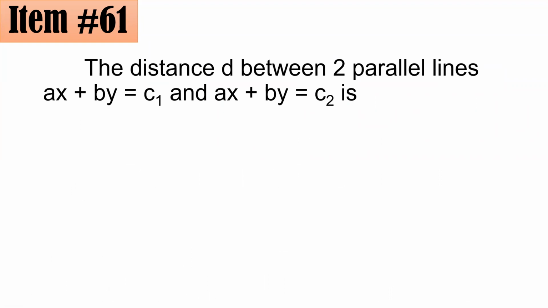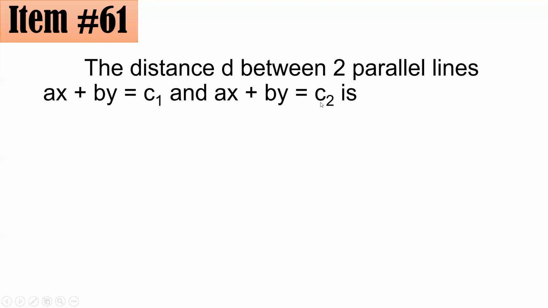And to give you the formula or the shortcut in doing this, if you have the distance d between two parallel lines, we have ax plus by equals c sub 1 and ax plus by equals c sub 2. You could see po that the left-hand sides of these two equations are the same. In this case, caution po, c sub 1 is not equal to c sub 2.